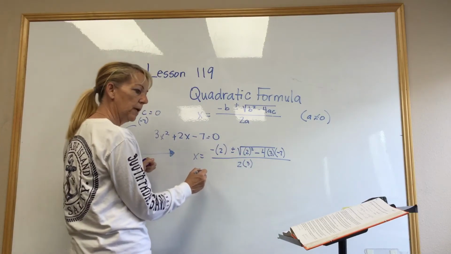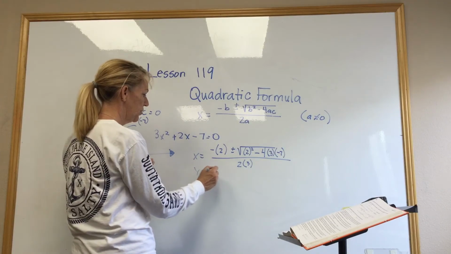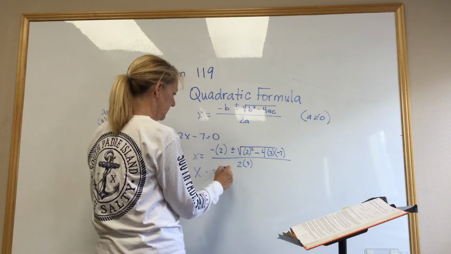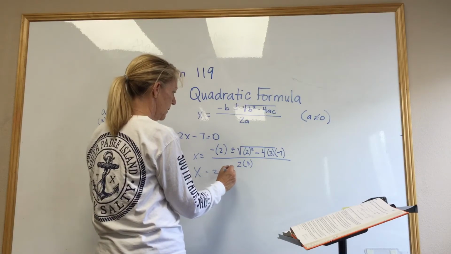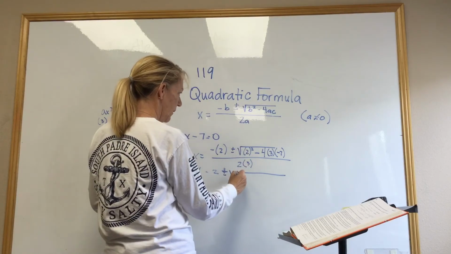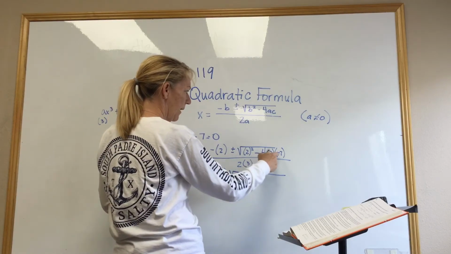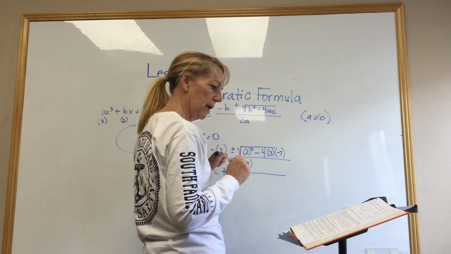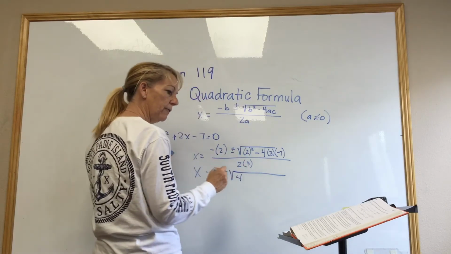And so x would equal -2 plus or minus the square root of, and so we have 4 minus, and then we have minus 4 times 3 times -7. So that comes out to be 84.